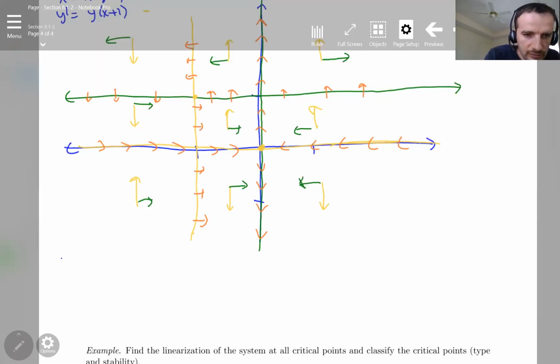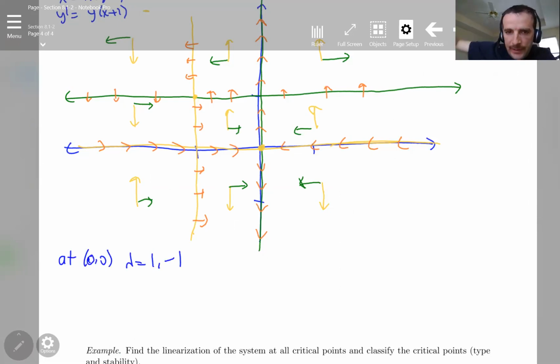At (0, 0), the eigenvalues are 1 and -1, right? So what are the eigenvectors? For the sake of time, let me find the eigenvectors quickly.